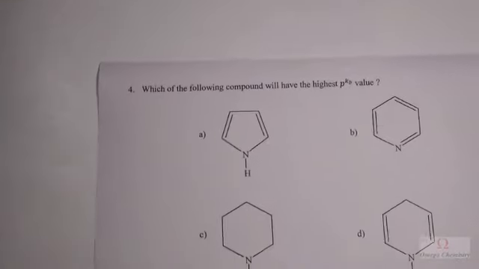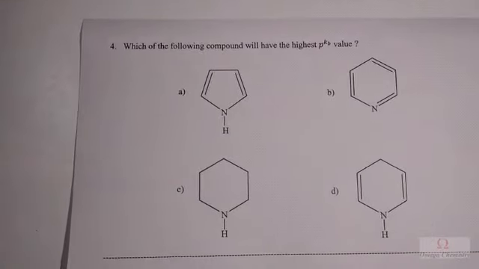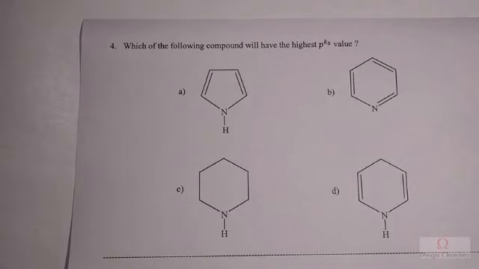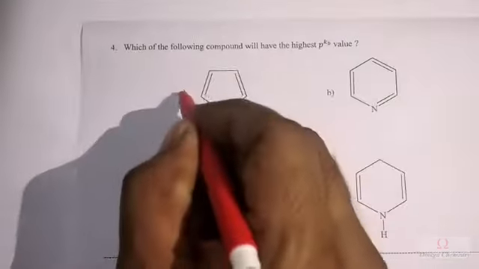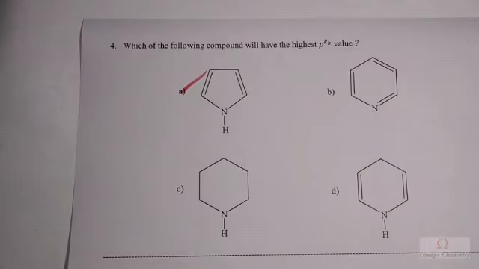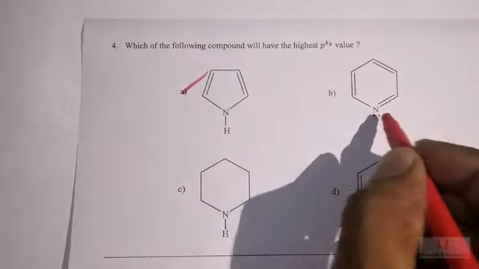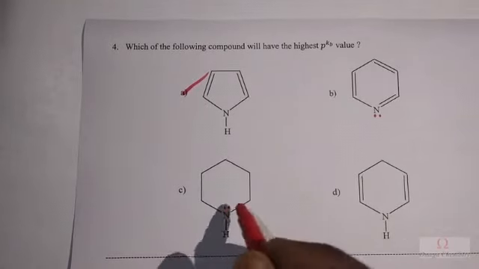Let us go to the fourth question. Which of the following compounds will have highest pKb value? The answer is option A. Highest pKb means lowest basicity. See, in options B and C and D, the lone pair of electrons on nitrogen is localized.